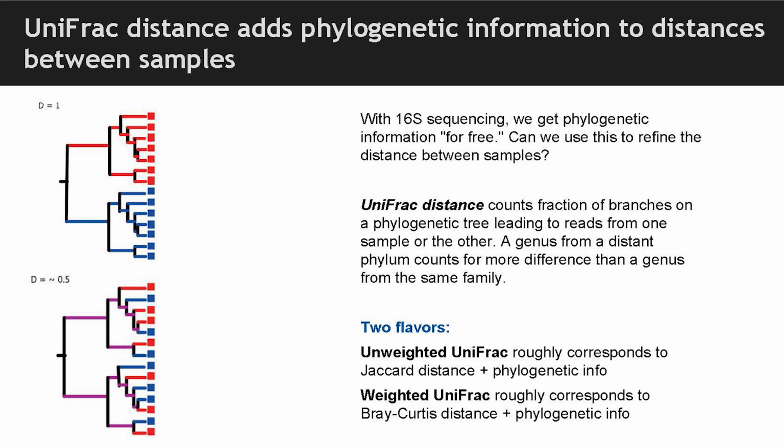And these come in two flavors. You can count these as presence or absence, in which case you're basically doing Jaccard distance between the samples, but then you weight it with the phylogenetic tree. Or you can use the weighted version, in which case you're basically doing Bray-Curtis distance, so you're looking at the differences in proportions, and then you add the phylogenetic weighting.